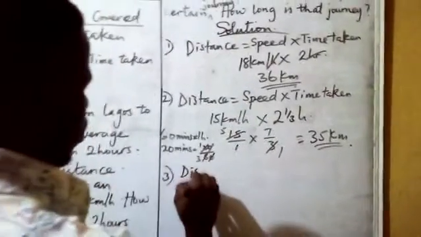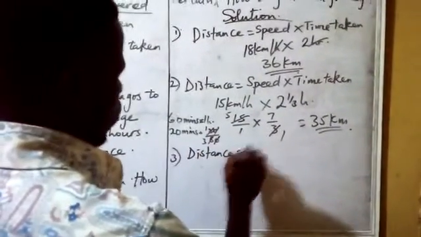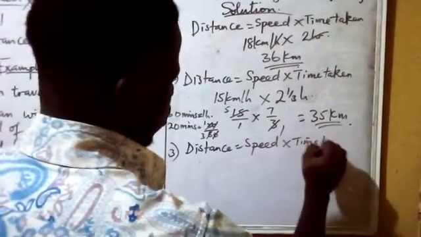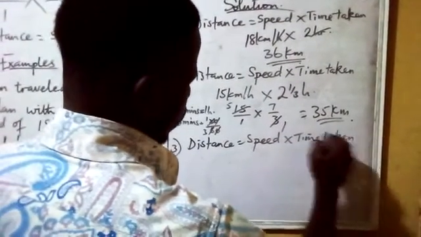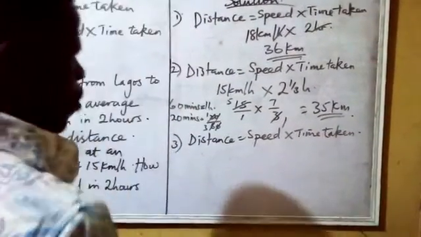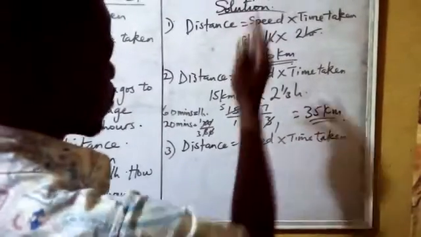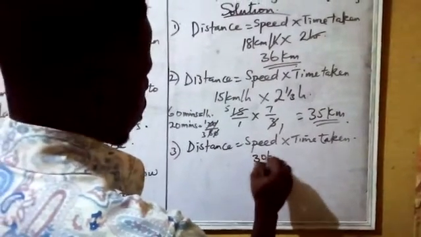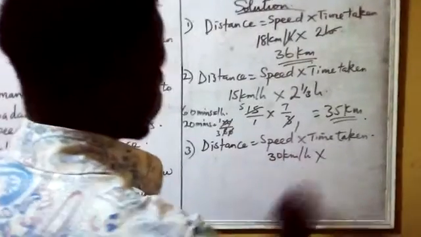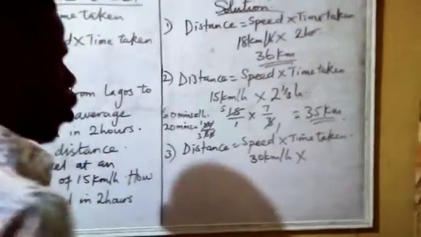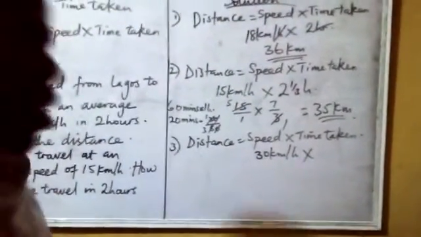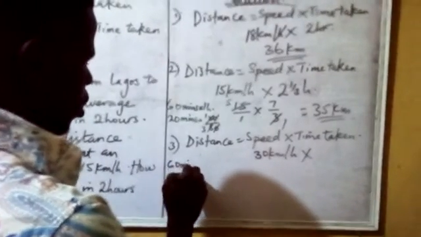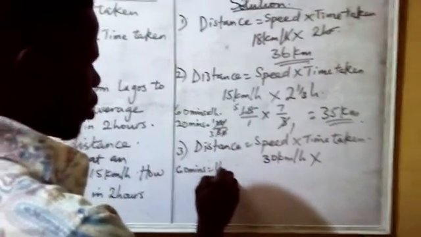The formula is always distance equals speed times time taken. So we multiply. Our average speed here is 30 kilometers per hour. Then multiply by the time, which is in minutes and is not supposed to be in minutes. So 60 minutes equals 1 hour.